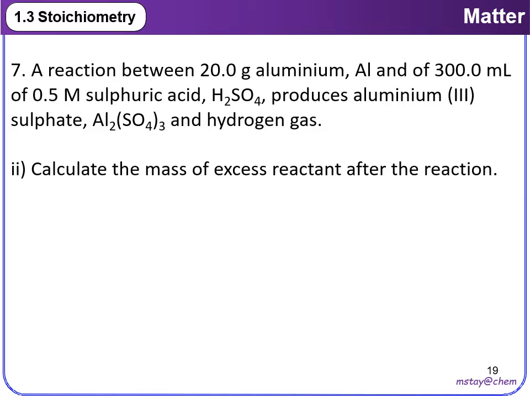Okay, now continue with the second part of the question. We want to determine the mass of excess reactant after the reaction. The keyword here is after. It means that we want to find how much of the excess reactant is left over.